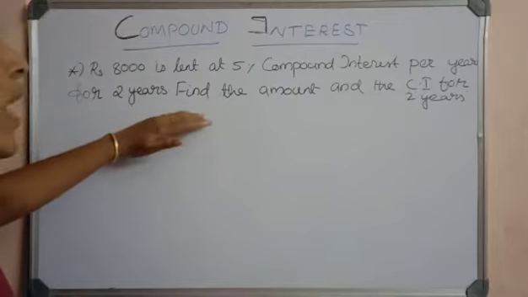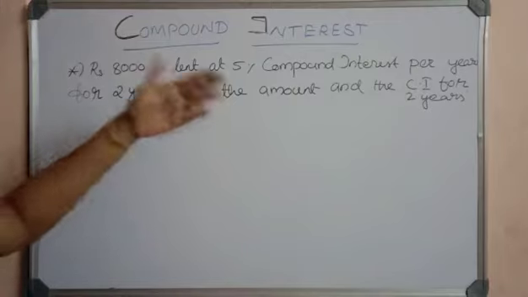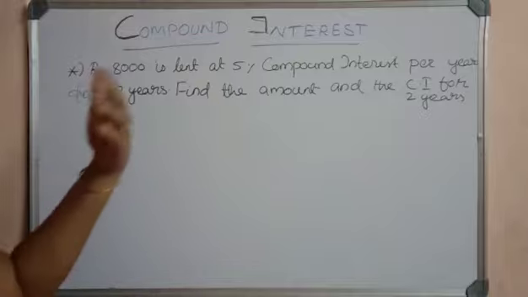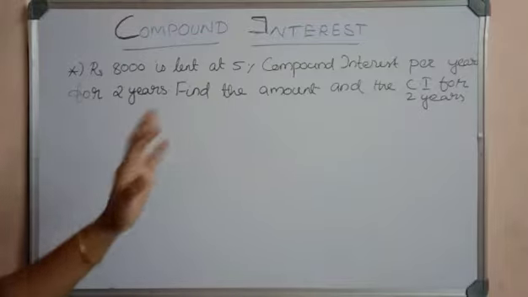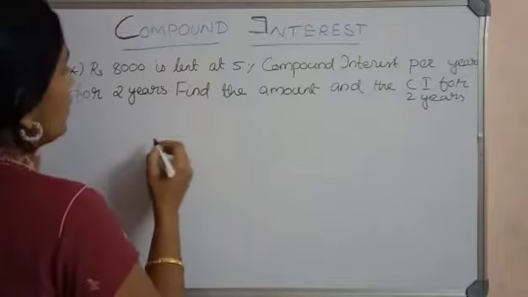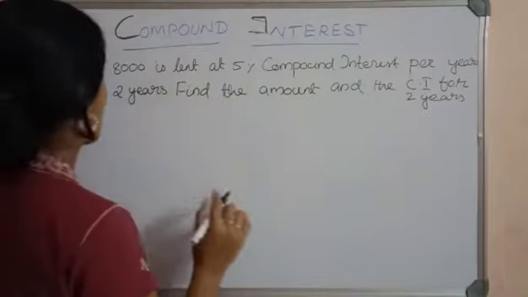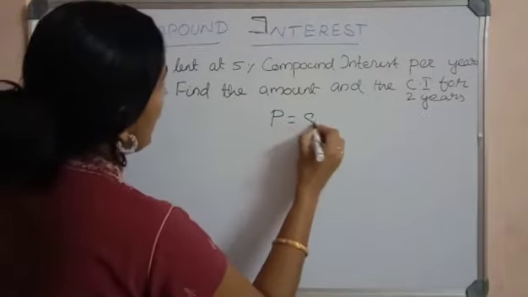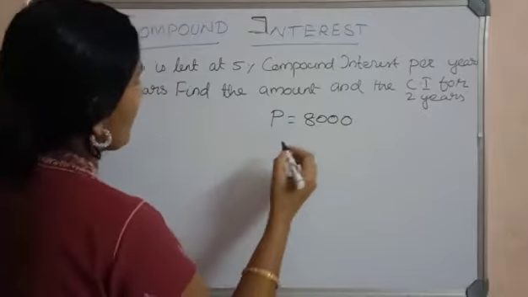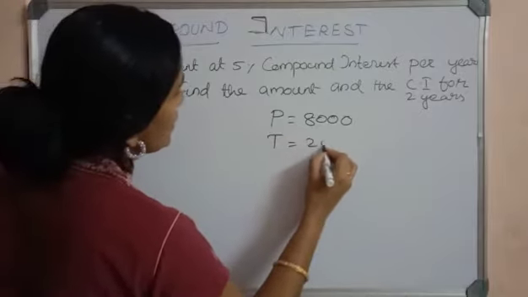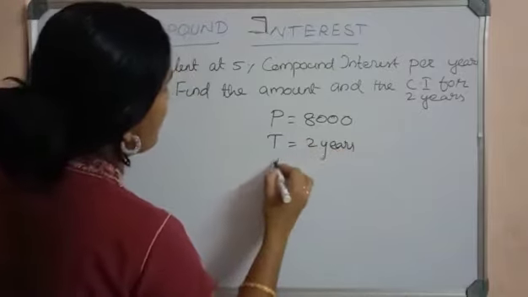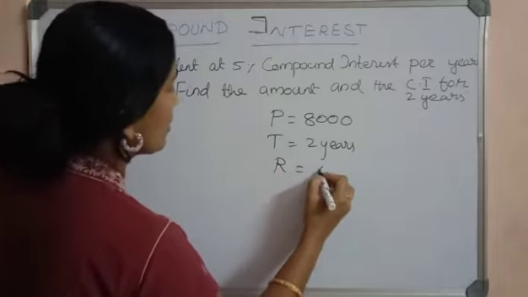If it was to find the simple interest, it would have been very easy for us. Directly we could have calculated. Let's see how to calculate the simple interest first. So we have to write the given data first. P is equal to 8,000, time is 2 years and the rate is 5%.